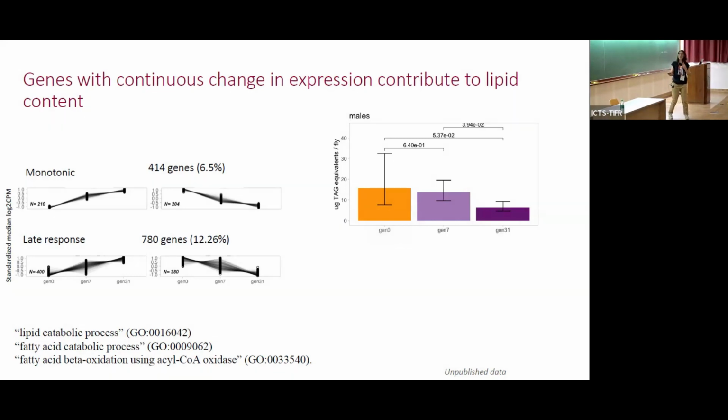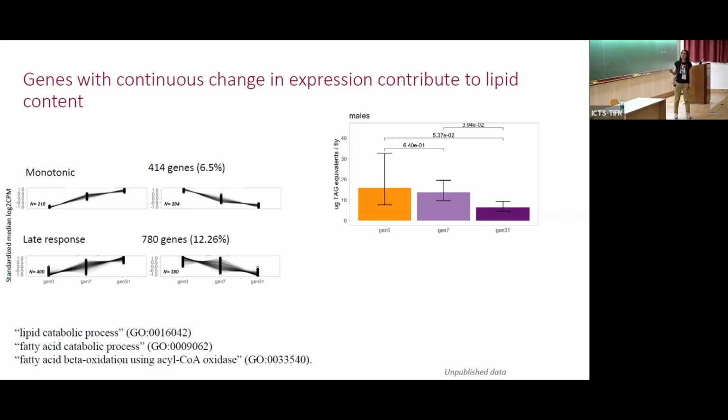We were interested to see what these genes are that are still continuously changing in their expression. So we did GO enrichment analysis, and we found a lot of GO terms related to lipid catabolic processes and fatty acid catabolic processes. So we went to our flies from the same generations, used them for RNA-seq, and measured lipid content.